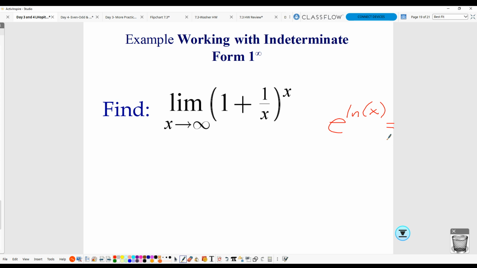Don't you get x back out? Yes. So if I do e and ln, they undo each other and I get the thing back out. So this is a strategy in calculus that we are going to use. We are going to do e to the ln of this big yuckiness, and then I'm going to pull the limit out.